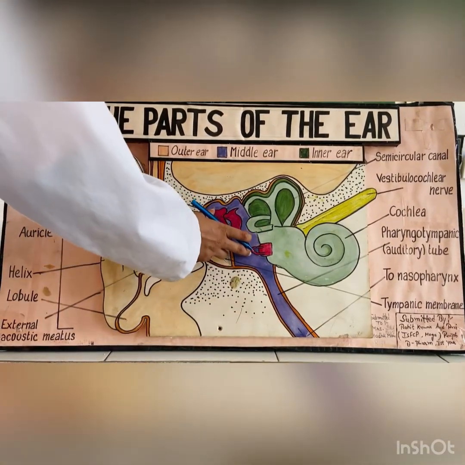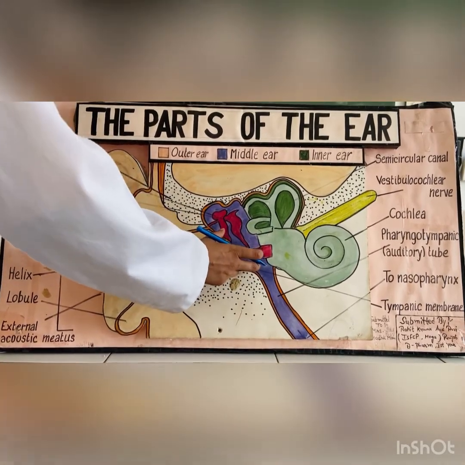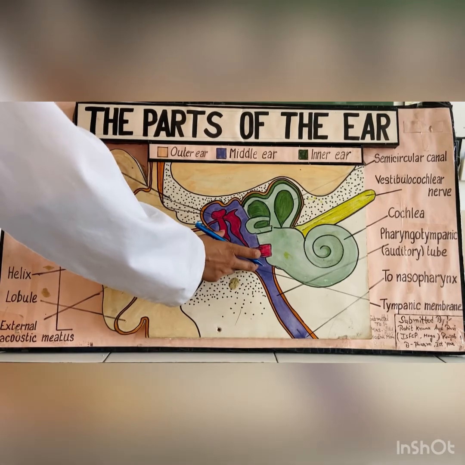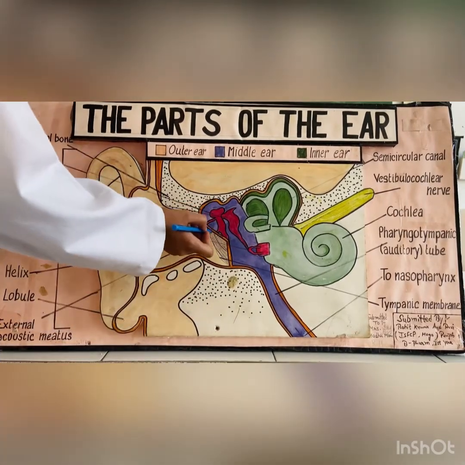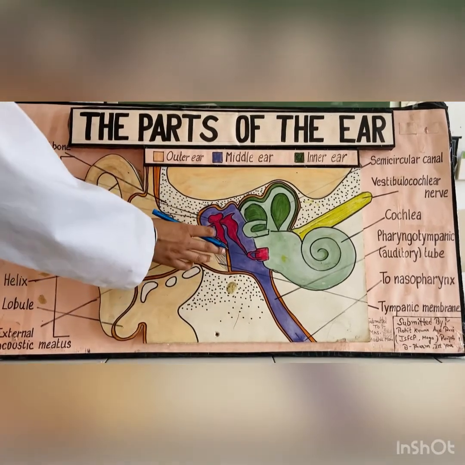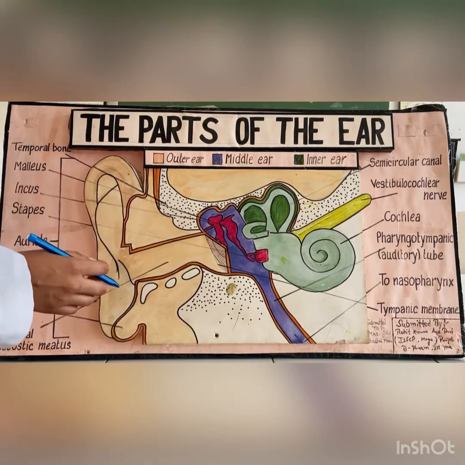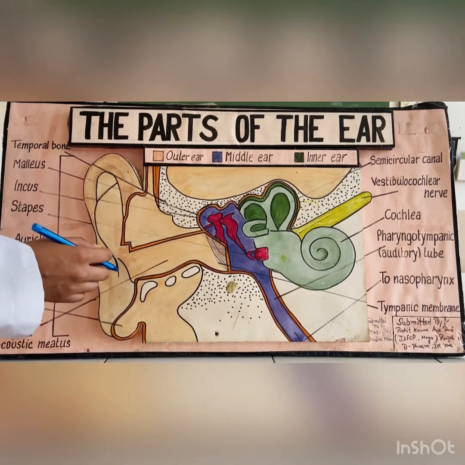The middle ear is an irregularly shaped, air-filled cavity and it lies in the petrous portion of the temporal bone. The lateral wall of the middle ear is formed by the tympanic membrane.